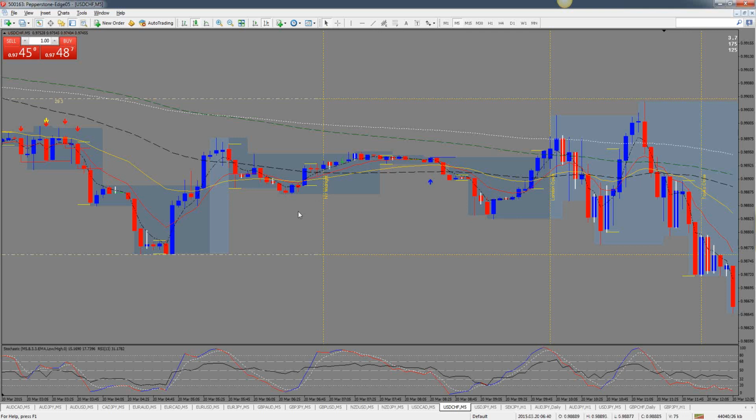Sometimes I'll take the second one, but not normally. Very, very rarely you'll see me in 2 trades at the same time. I think maybe I've done 5 or 6 of them in the course of this year. I couldn't tell you exactly, but it's a very rare thing. Anyways, let's move on. So that was a good trade.